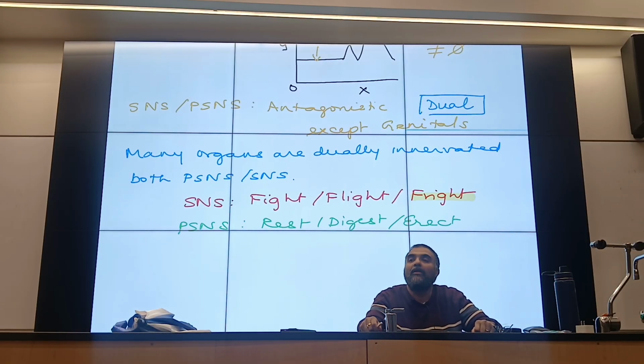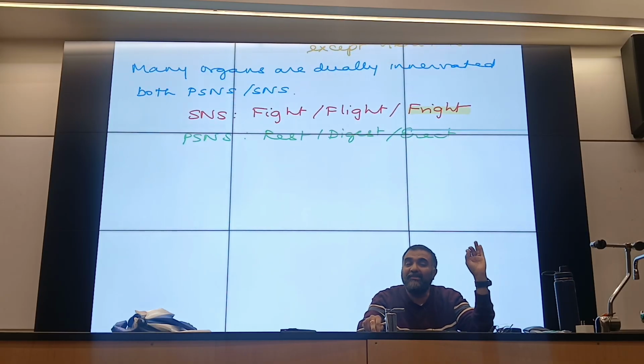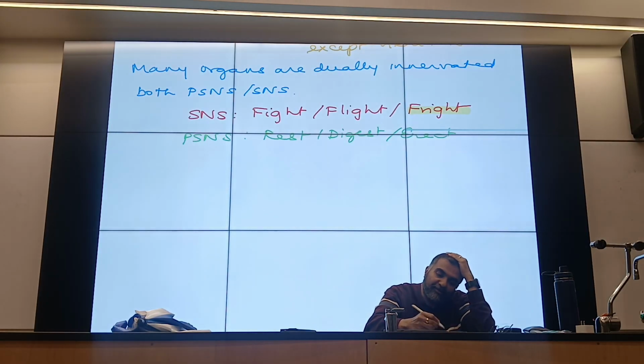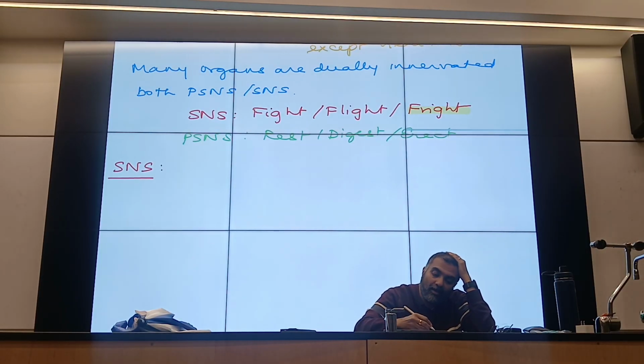Okay. So I'm going to quickly discuss with you a little bit of the anatomy, and this is something you do need to know. It is important. If you look at the sympathetic response first, what you have is, here's your spinal cord.